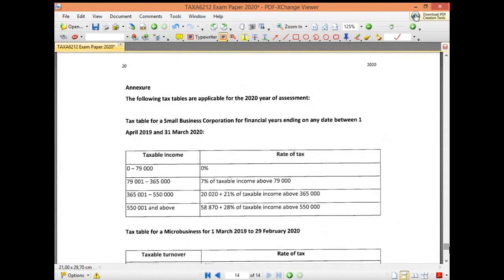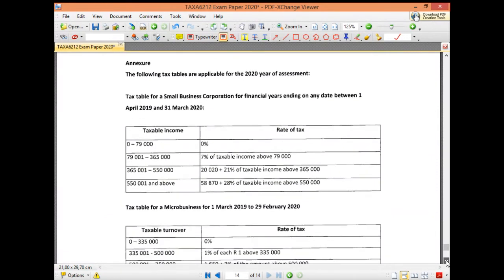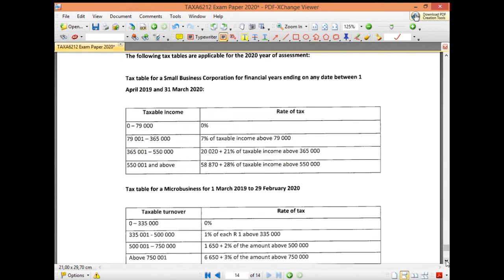Okay, so in your exam paper, they will provide you with an annexure with any applicable tax tables. The only ones they will not give you is if it's a flat rate of 28%, they will not indicate that you need to know. But if there's a sliding scale that is applicable, they will provide it. So they've given you the tax table for a small business corporation as well as a micro business. Now, the one you need to use is the small business corporation.